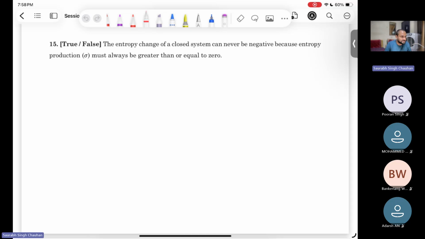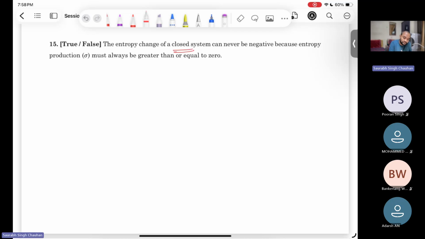Now we have to tell whether this statement is true or false. Yeah, it is true.